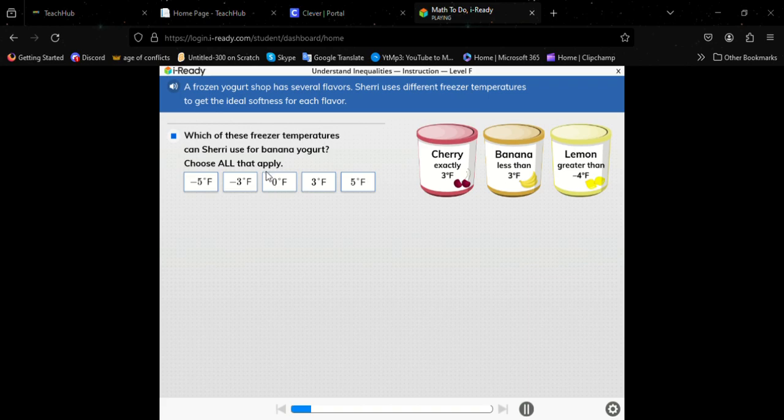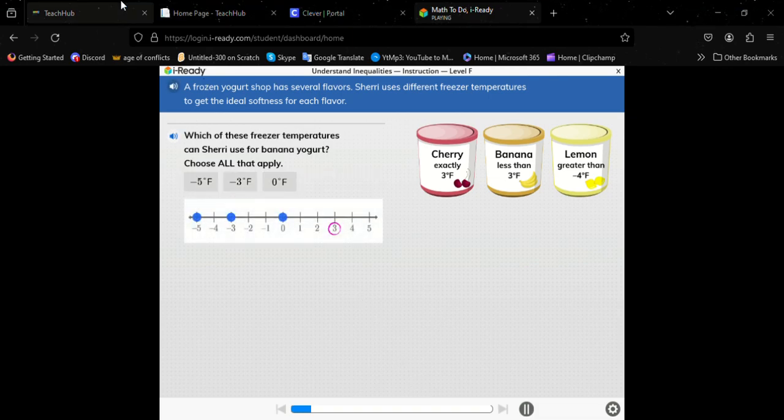Which of these freezer temperatures can Sherry use for banana yogurt? Choose all that apply. These temperatures are less than 3 degrees because they are to the left of 3 on the number line.